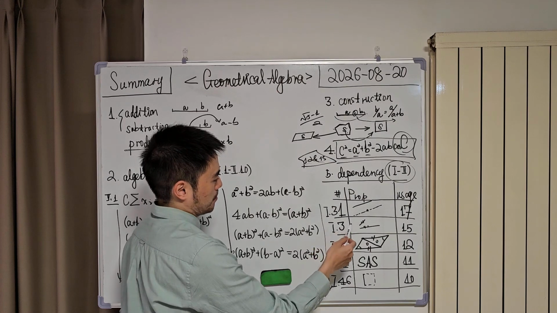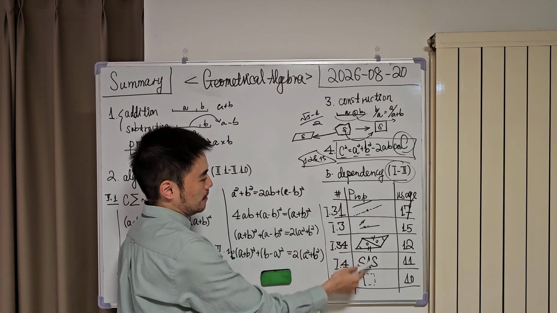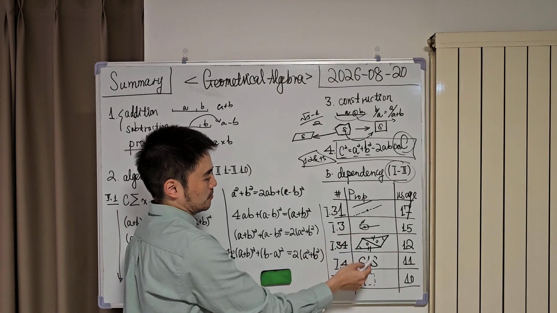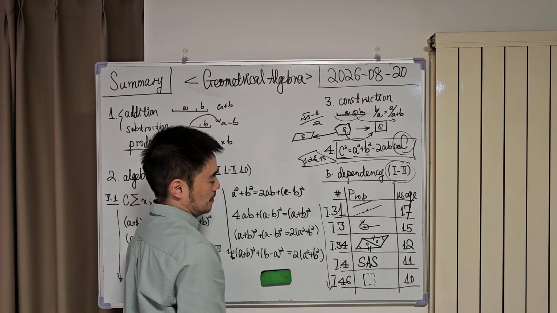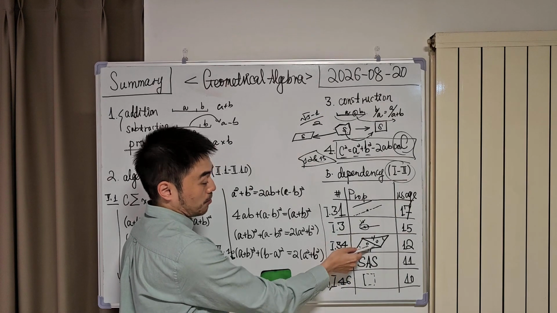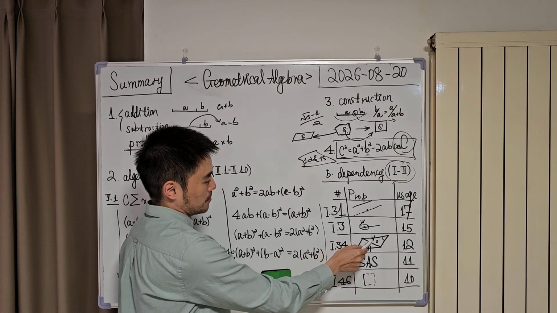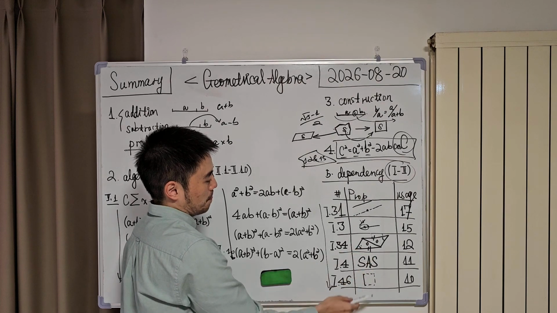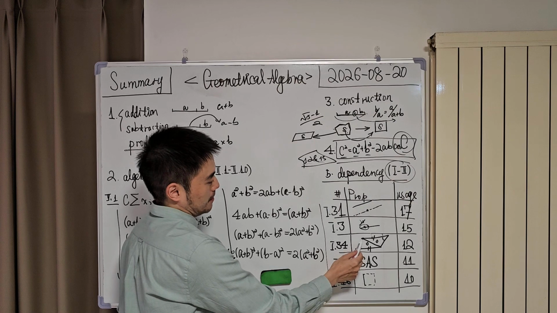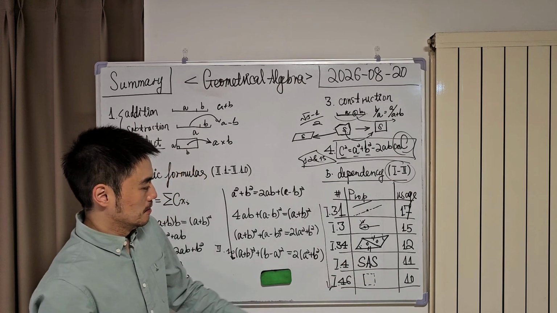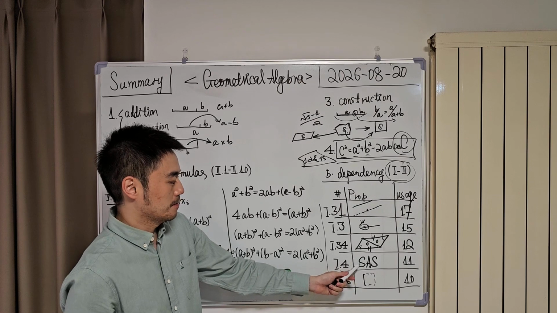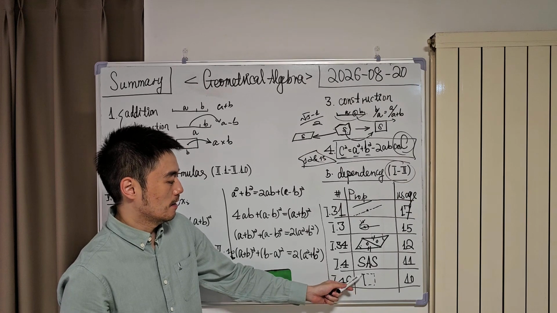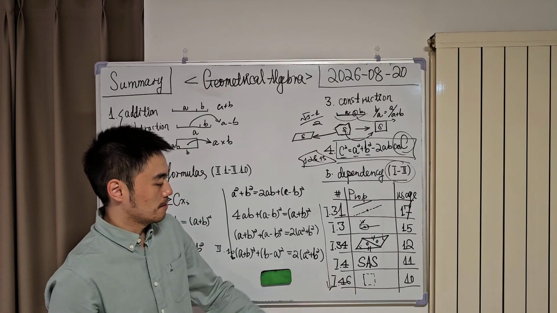We can say proposition 31, how to construct a parallel line, and proposition 3, how to cut off a straight line that is equal to a given one, and these are some properties of parallelograms: equal opposite sides, equal opposite angles, and equal area. Also, the parallelogram is bisected by its diameter. And this is a congruence theorem about side angle side. And finally, how to construct a square on a straight line. That's proposition 46 from book 1.